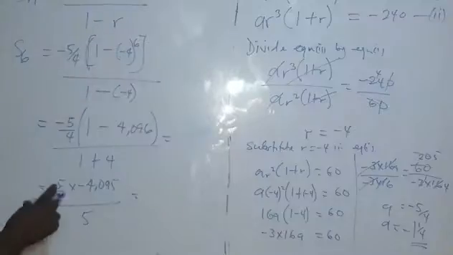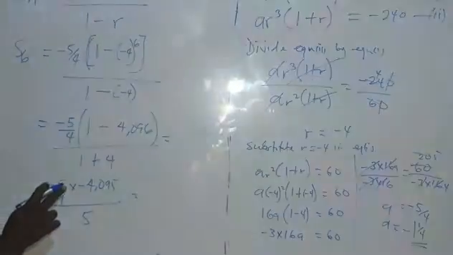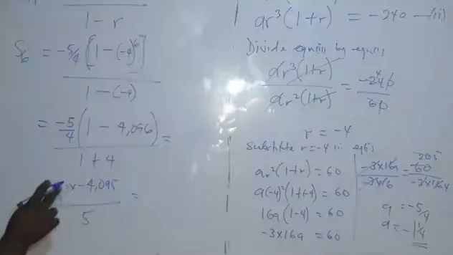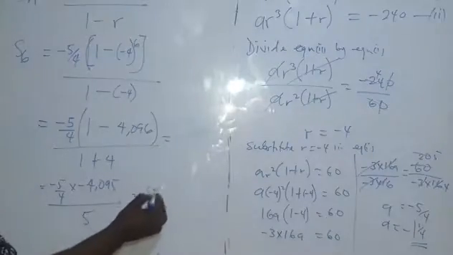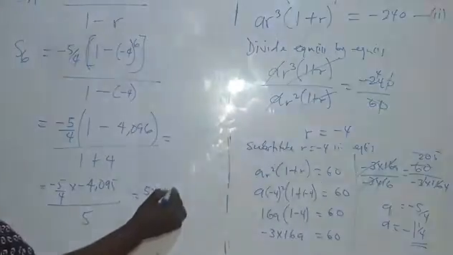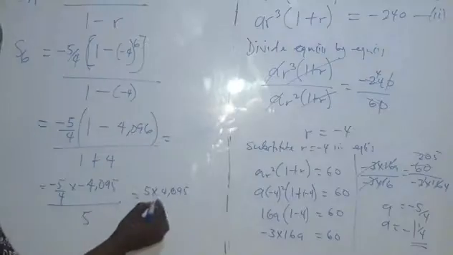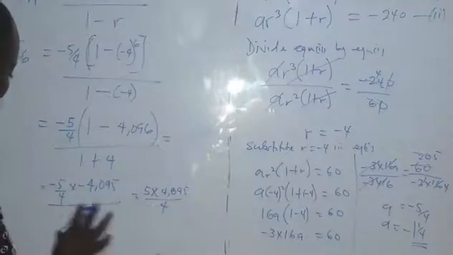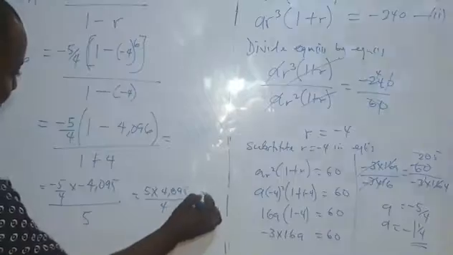So what we're going to do here is this. Since minus times minus gives us plus, 5 times 4,095 divided by 4 divided by 5.